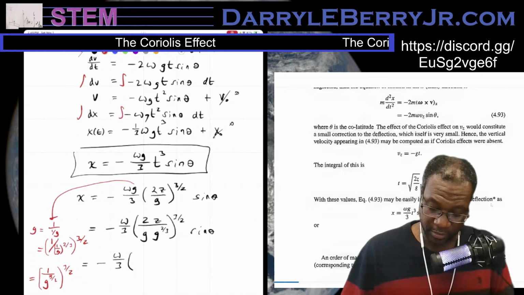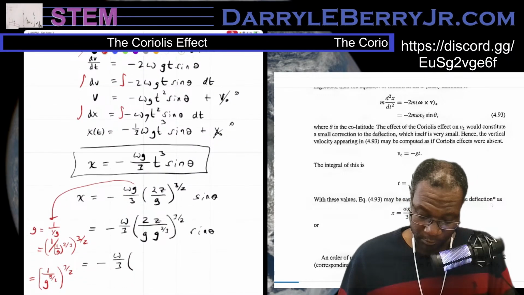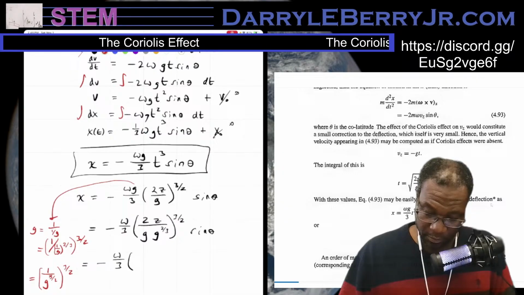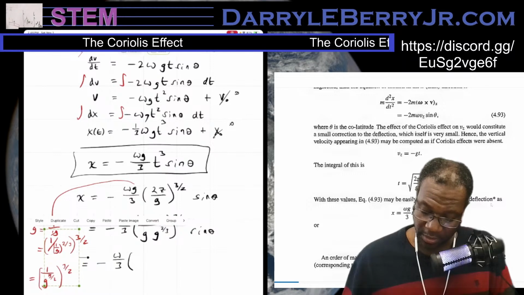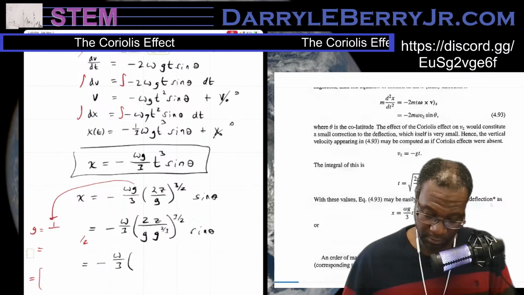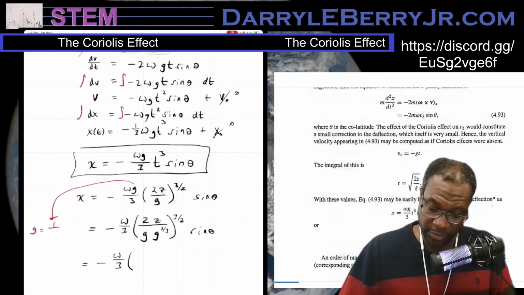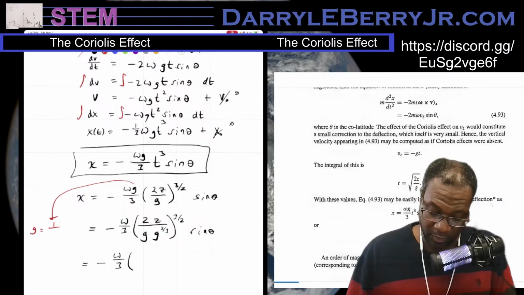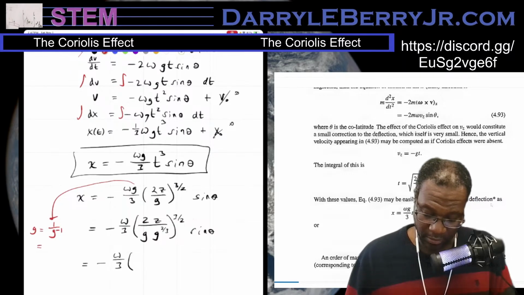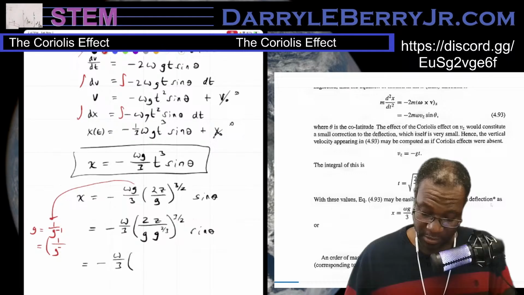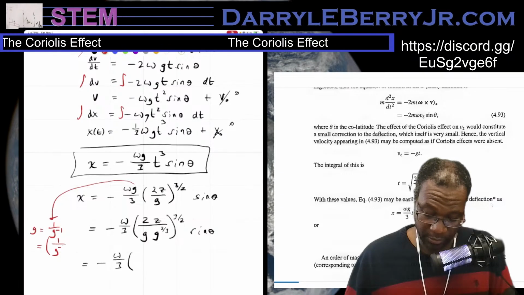Right, I think I see where it is. They're not flipping the g. They're keeping it as a negative, and then it balances out. So g is 1 over g to the negative 1, and this equals 1 over g to the negative 2/3.